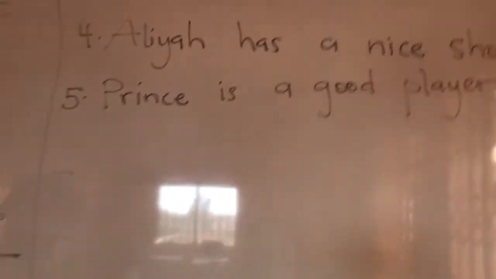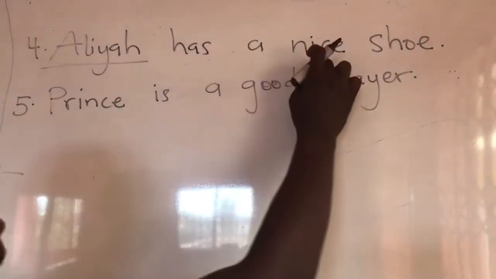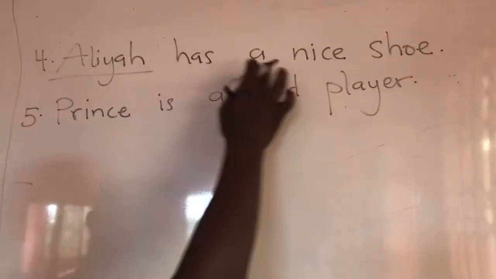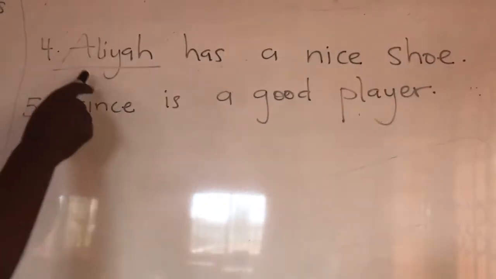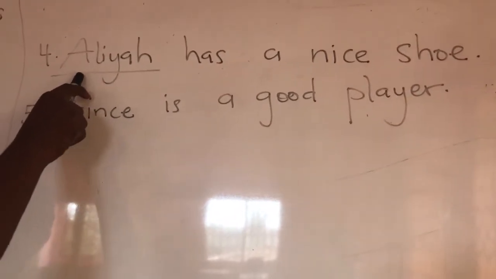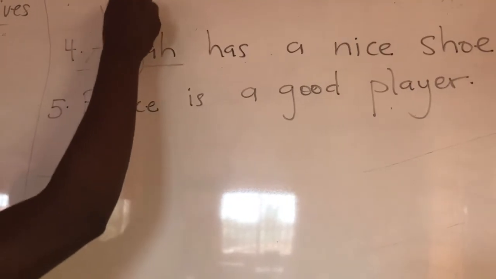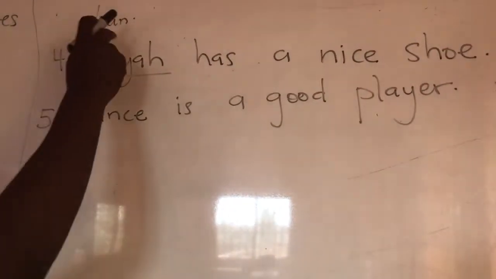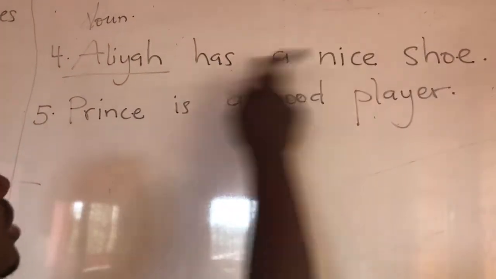Let's take another one. We have Alia. Alia has a nice shoe. Now, we all know that Alia is a girl. It's the name of a person, which is a noun. She has a nice shoe.